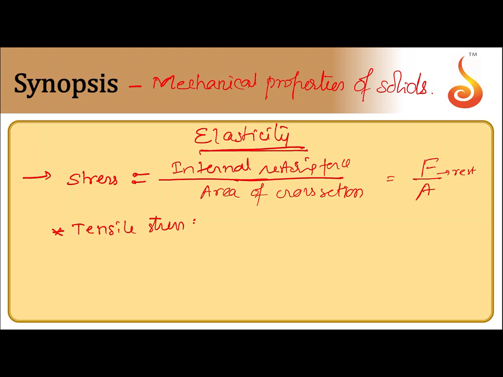Tensile stress is seen whenever an object is under the influence of a force which tends to elongate an object. This is longitudinal. In longitudinal we have tensile and we also have compressive.